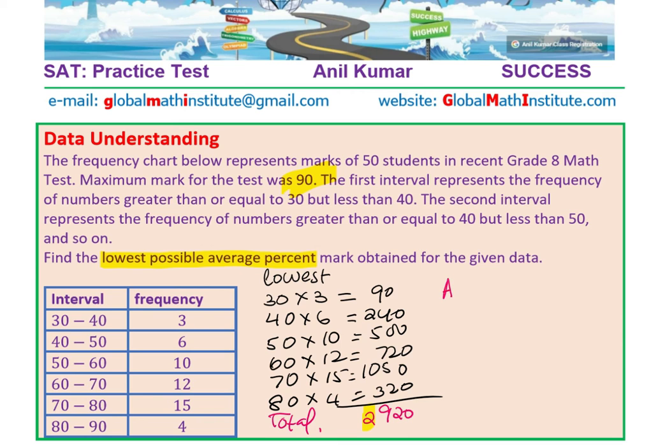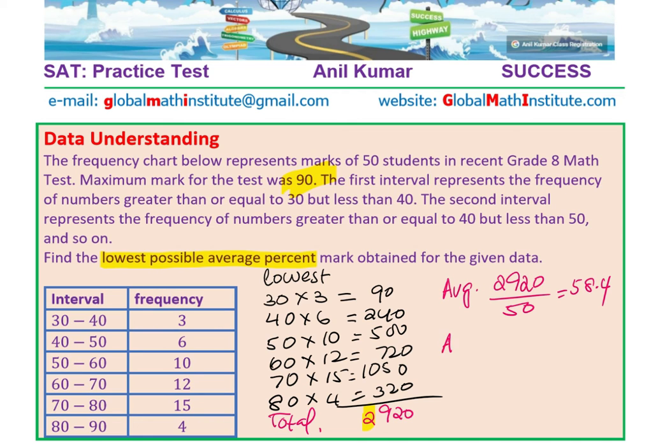So what is the average? The average will be 2920 divided by 50. Dividing by 50, we get 58.4. But these marks are out of 90.